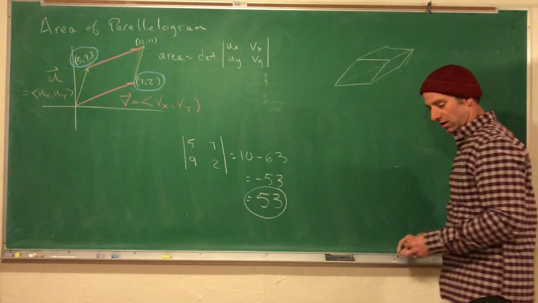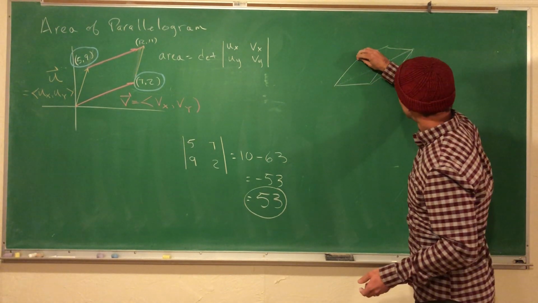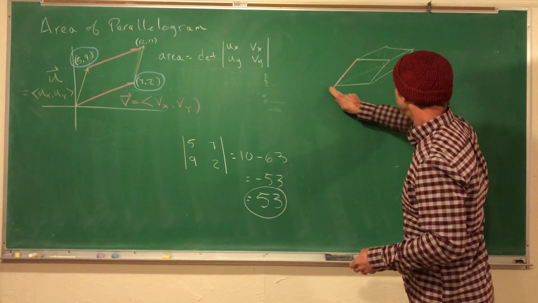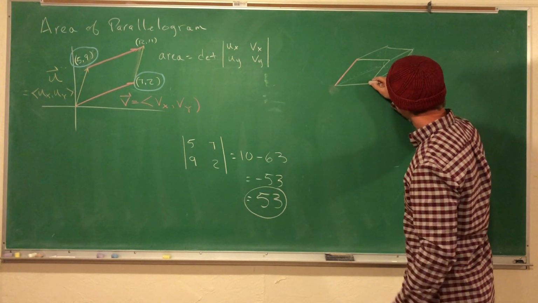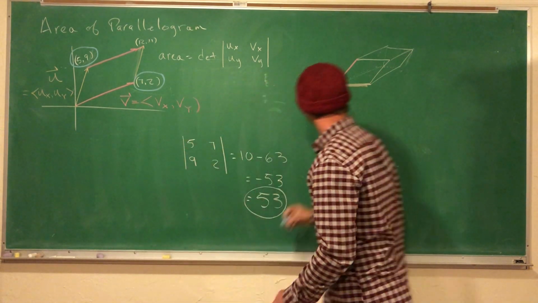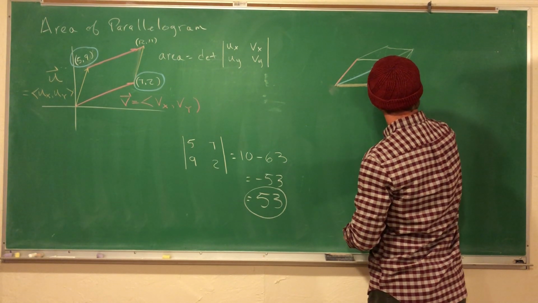Okay. The reason I was careful to draw all of these is I have 3 vectors. 1, 2, and a 3rd vector back here. Okay.